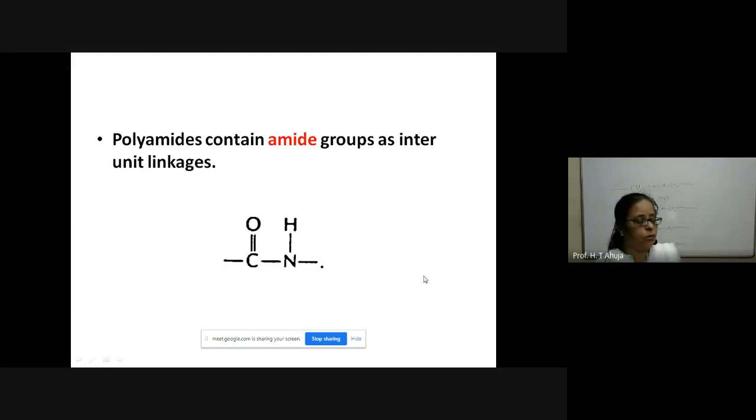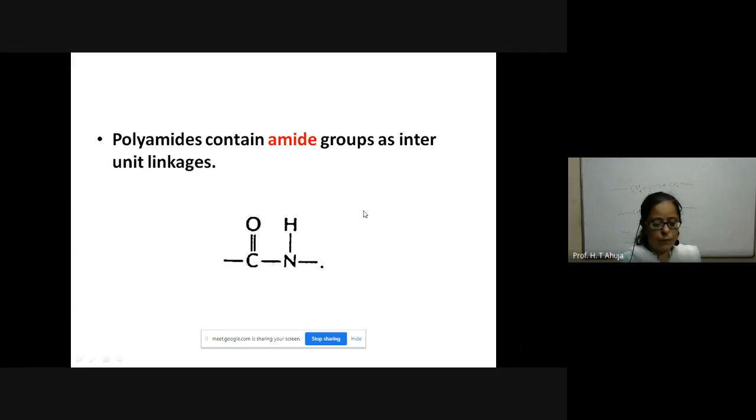The question arises here. Since they contain an amide linkage, that is C=O–NH, this linkage is called an amide linkage. In these polyamides, the monomers are attached by this amide linkage, so they are called polyamides.